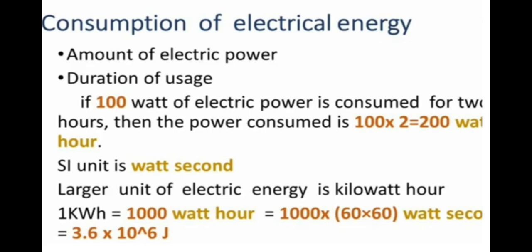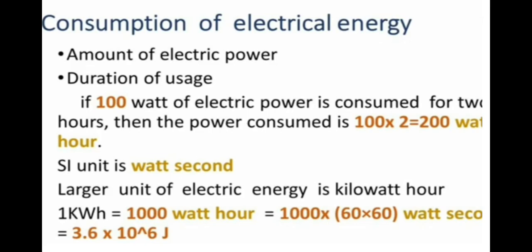For example, if 100 watt of electric power is consumed for 2 hours, then the energy consumed is 100 into 2 is equal to 200 watt hour. Consumption of electrical energy is measured and expressed in watt hour.